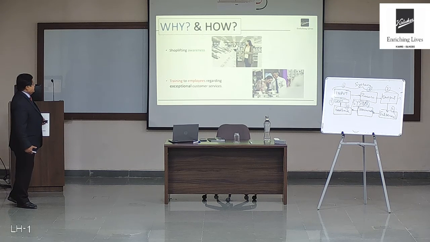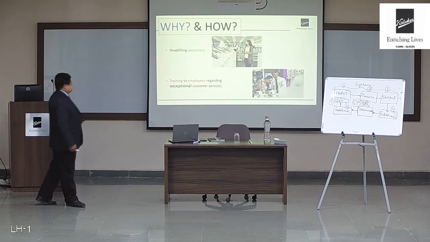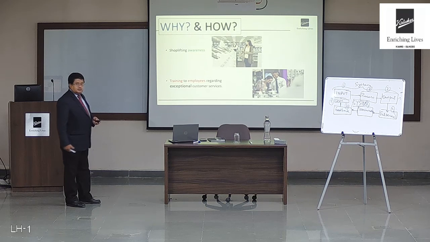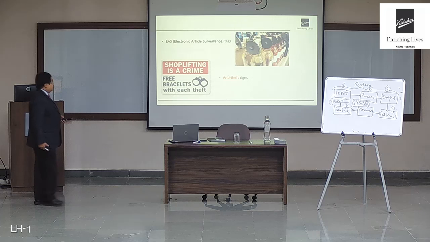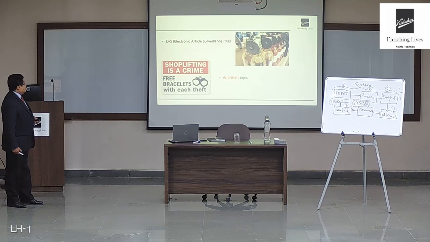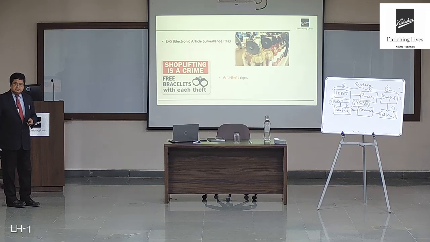You need to create an awareness, training to employees regarding exceptional customer service. Then you have to design something called electronic article surveillance. You need to have EAS tags, and you need to put some anti-theft signs.